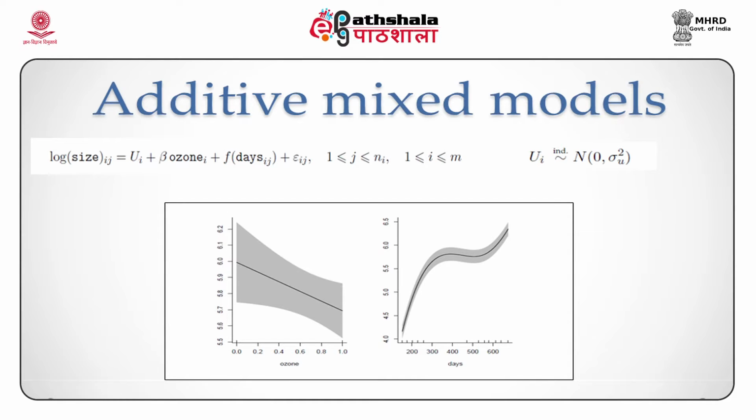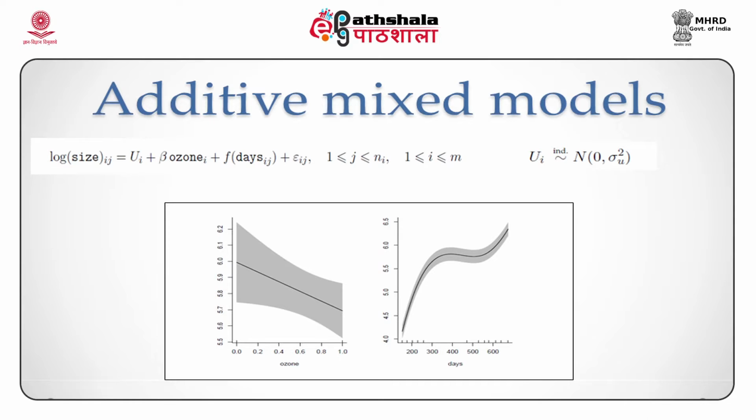The regression model given on this slide relates the log size of the ith tree on the jth day to whether or not the ith tree was exposed to ozone, as well as to a function of day. If you make a scatter plot for this data, you will see that it does not quite support the hypothesis that log size increases linearly with day, and a way to get around this is to assume that it is a nonlinear function of day.